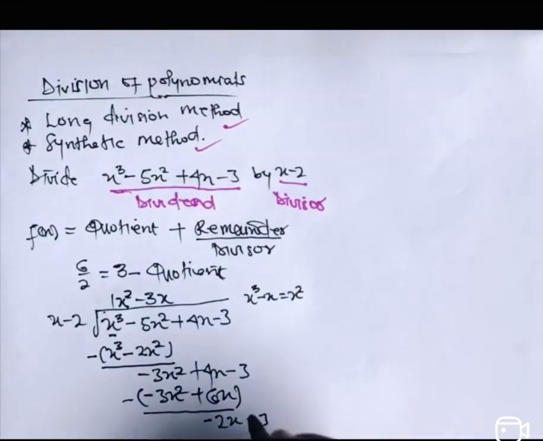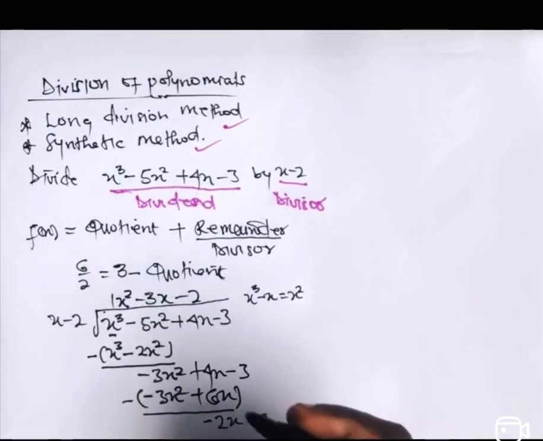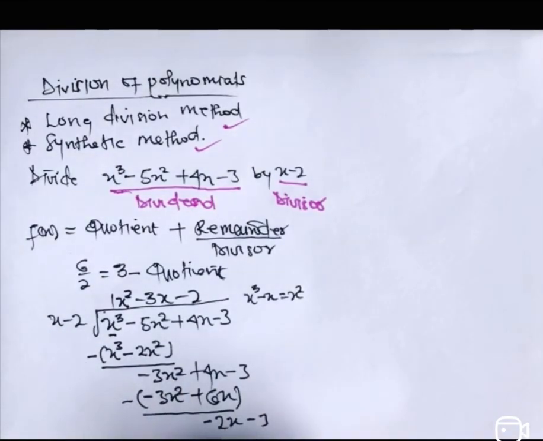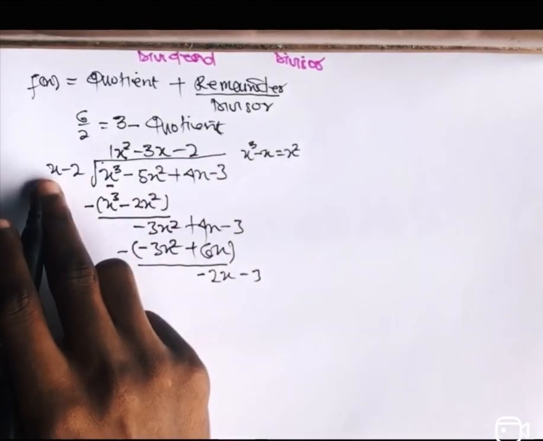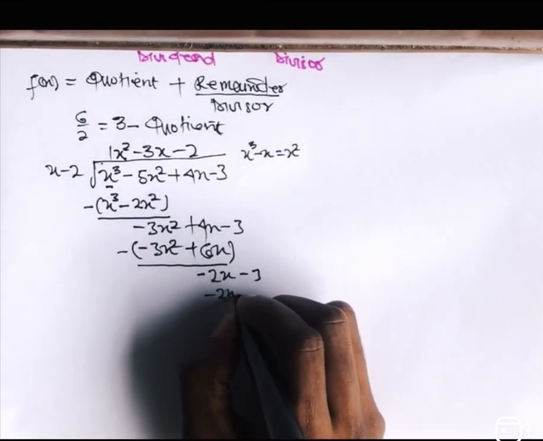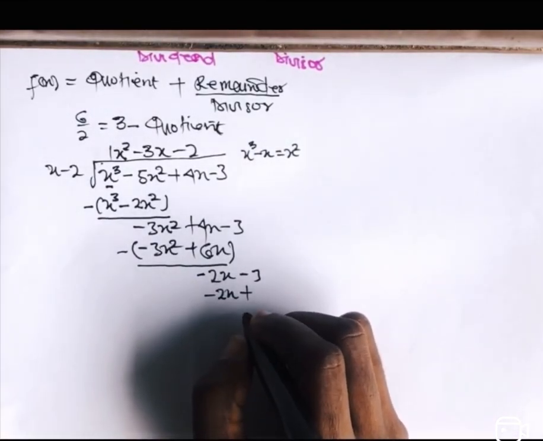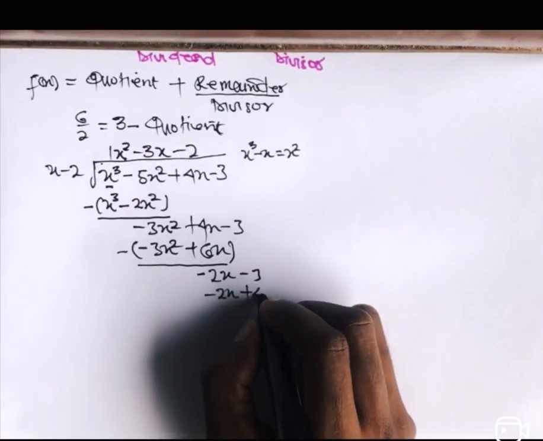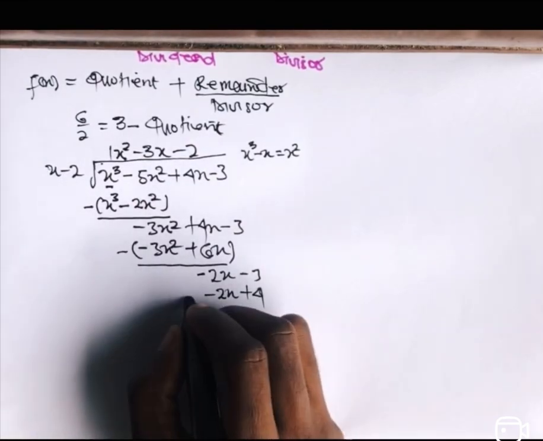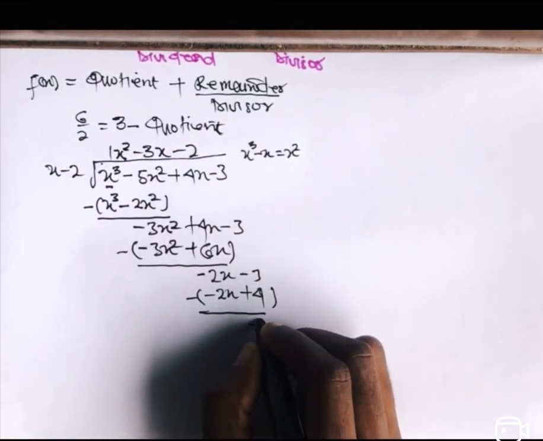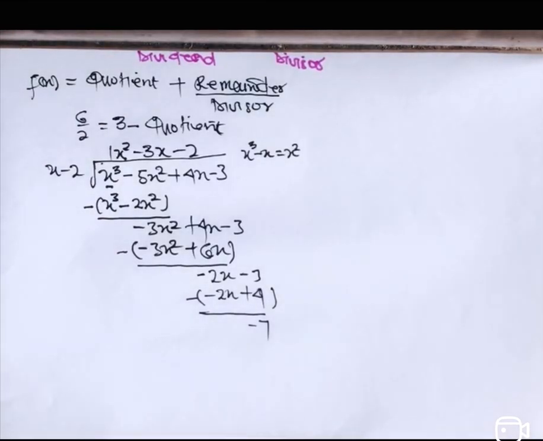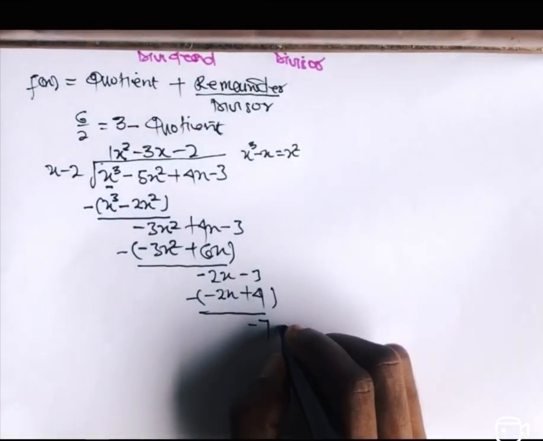So I'll put the coefficient of this x, which is negative 2. x can go into x 1, so negative 2 times 1 is negative 2. Negative 2 times this will give you negative 2x, plus, again will give you positive here. So when I subtract, I'll get negative 7. Very good. So this is how I write my answer, and this is what we call the remainder.